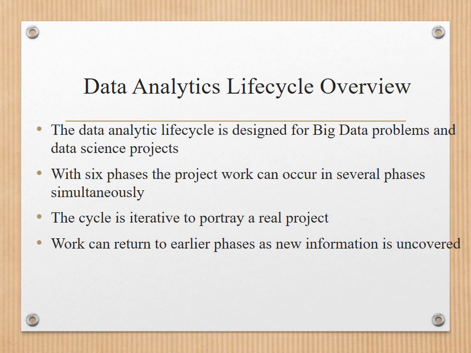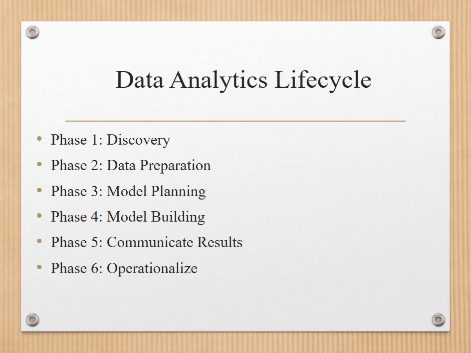There are 6 phases of this life cycle, and the project work can occur in several phases simultaneously. So at any stage, if information is uncovered or if information is missing, then work can return to the earlier phase. The 6 phases of this data analytic life cycle are discovery, data preparation, data model planning, model building, communicate results, and operationalize.